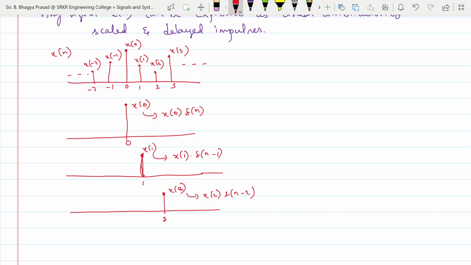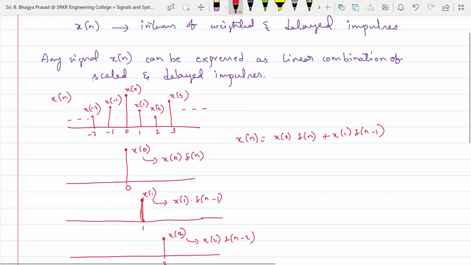So you can write x of n as the linear combination: x naught del n plus x1 del n minus 1 plus x of 2 del n minus 2 plus x3 del of n minus 3.